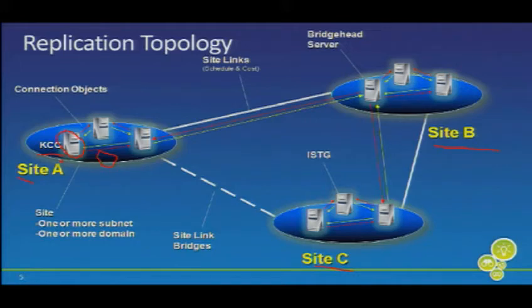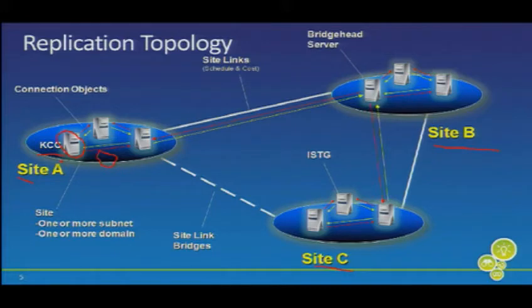What happens if you have more than 120 sites? The algorithm the KCC uses to generate connections to different domain controllers will not work as expected. It tries to make a mesh topology, which is not good for an Active Directory domain environment.